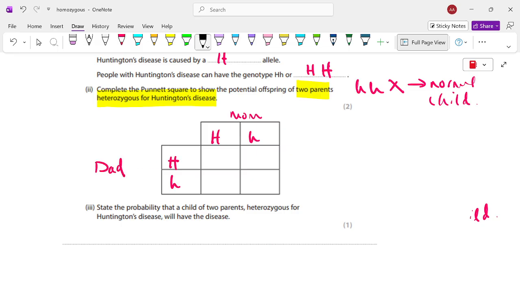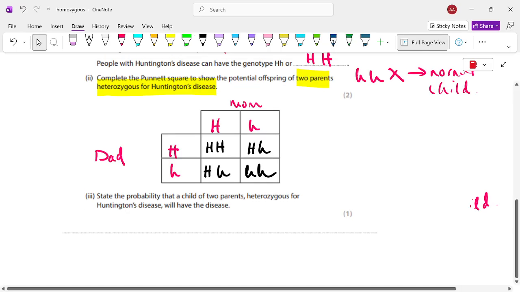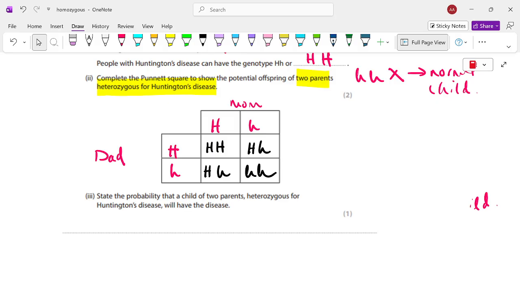Okay, now we're going to cross multiply and see what we get. So one gamete is going to have double capital H, another gamete is going to have capital H and small h, the third one is going to have capital H and small h, while the fourth one is going to have two small h. Okay, so now here, state the probability of a child of two parents heterozygous for Huntington's disease will have the disease. So now let's write it down, okay?